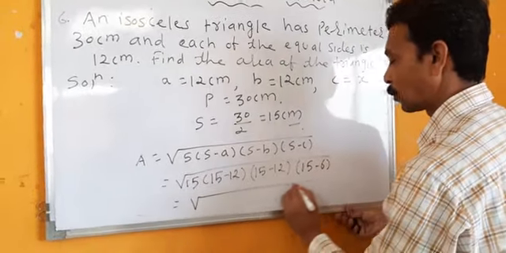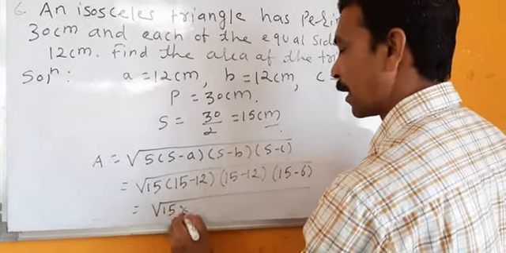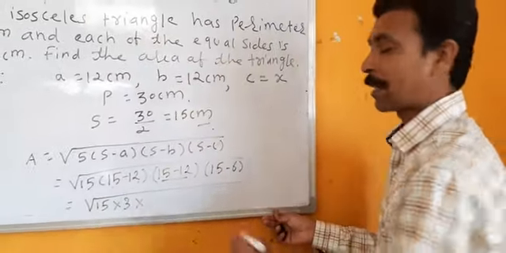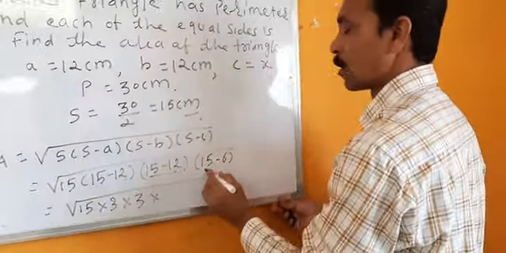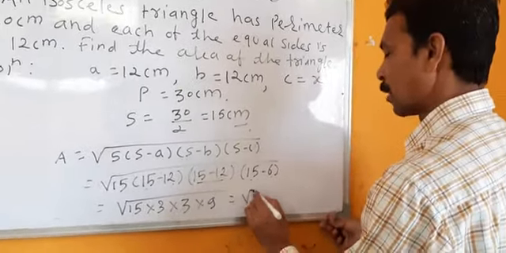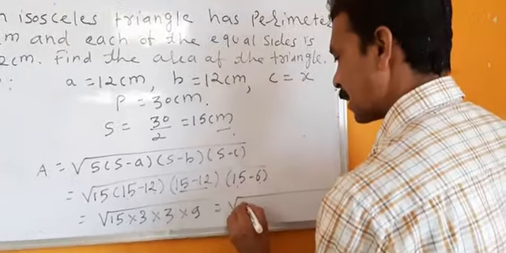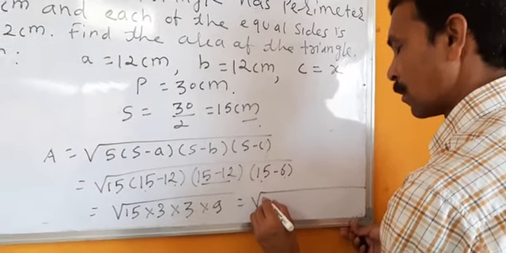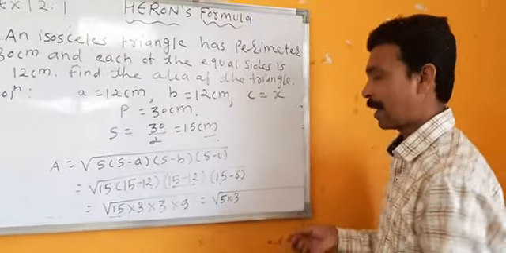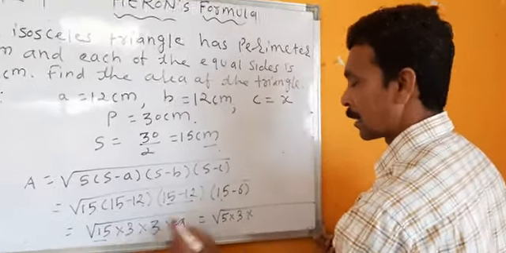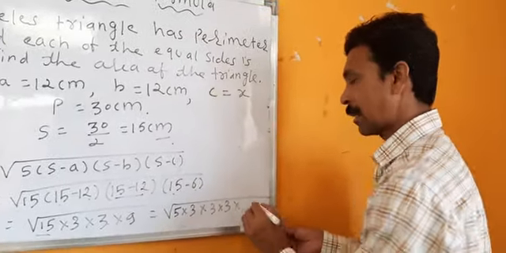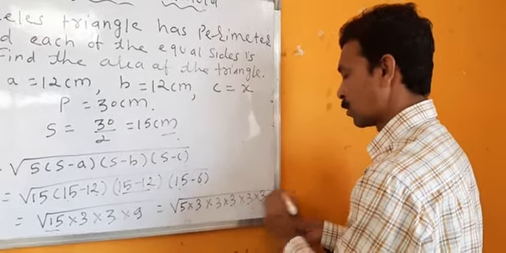It is 15 into 15 minus 12 is 3, into 15 minus 12 is 3, into 15 minus 6 is 9, which is equal to 15 means 5 into 3, into 3 into 3 into 9. 9 can be written as 3 into 3.